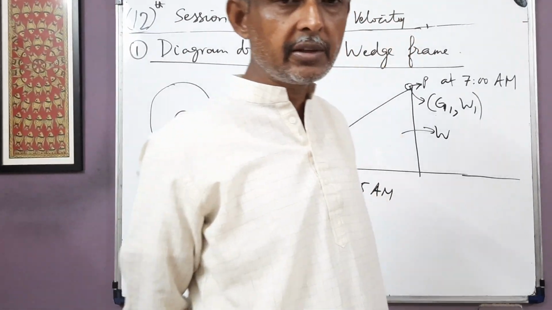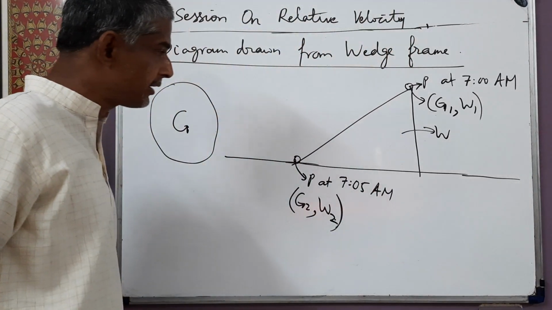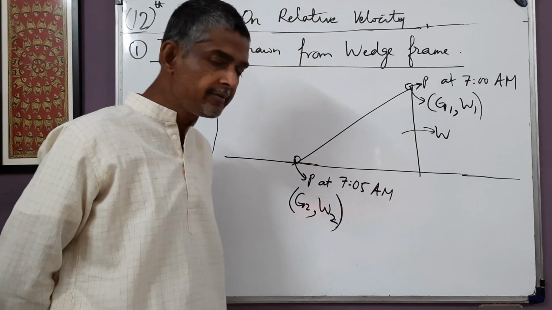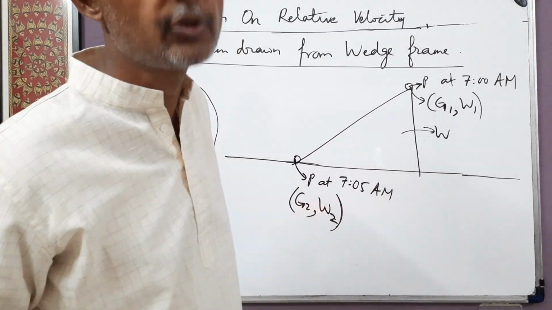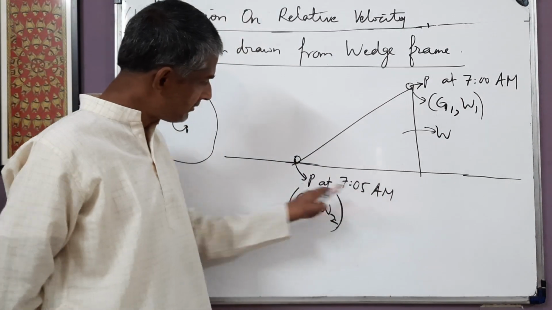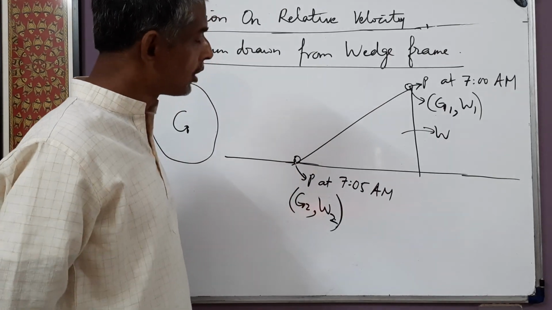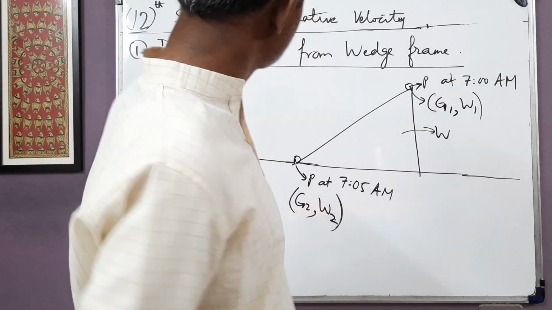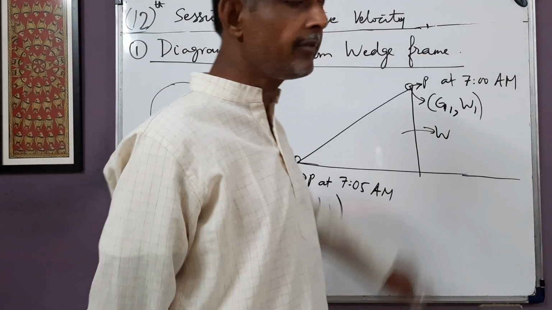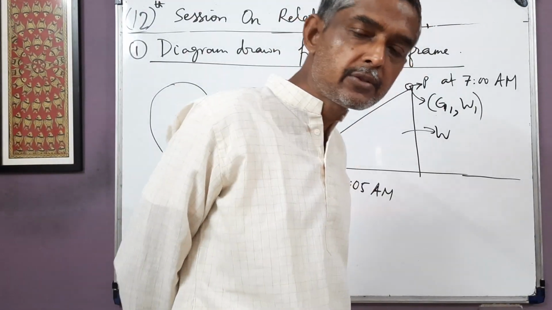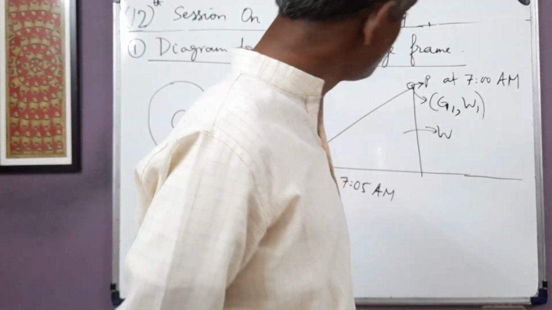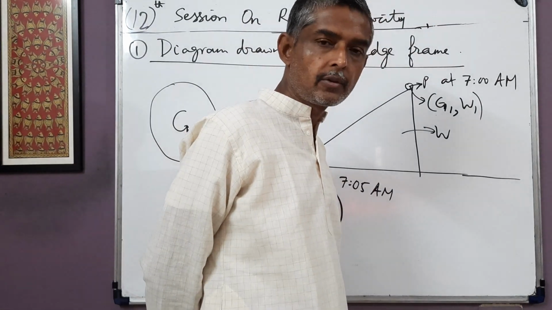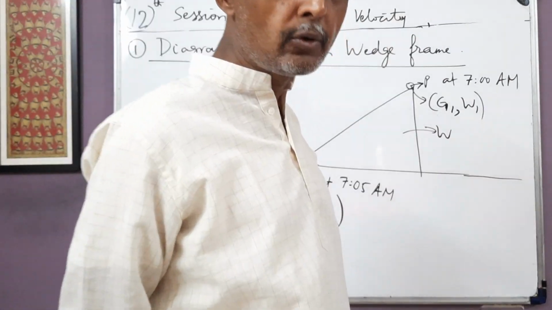As mentioned previously, displacement will be calculated at 7:05 am. At 7:05 am we have to see where W2 and W1 are situated. At 7:05 am W2 is here. Now we have to see where W1 will appear to be. As mentioned, the diagram is drawn from the wedge frame. As seen from the wedge frame, the wedge is at rest and W1 is rigidly connected to the wedge. So if the wedge doesn't move, then W1 also doesn't move.